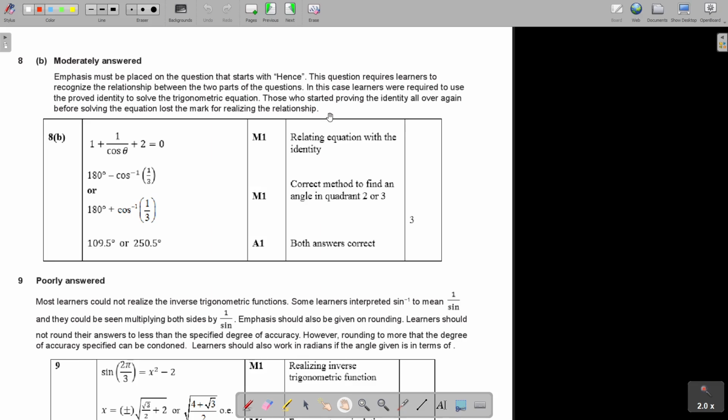Those who started proving the identity all over again before solving the equation lost the marks for realizing the relationship. Wow, so they were strict there. Okay, so you must get this, and then you will get your two answers: 109.5 and 250.5, and then the in-between steps.